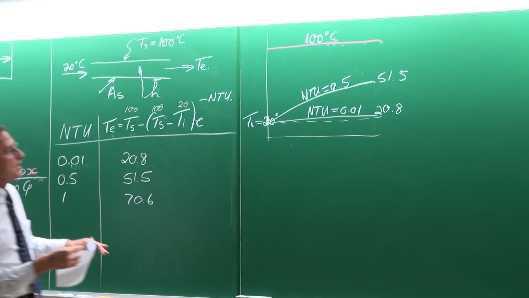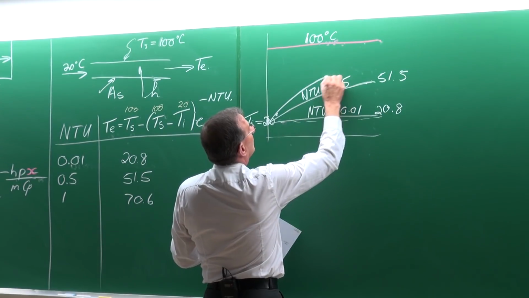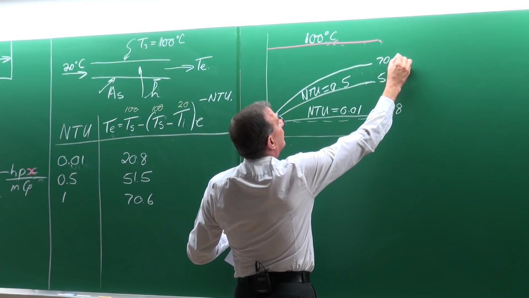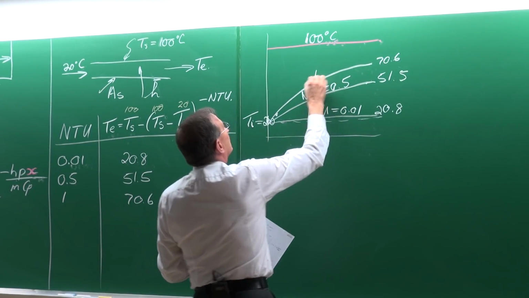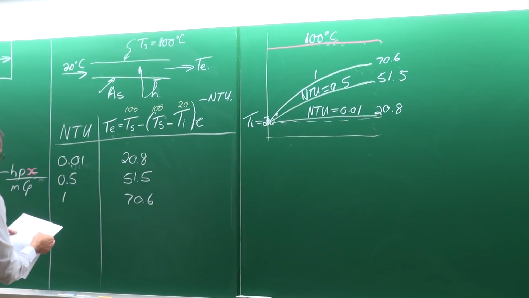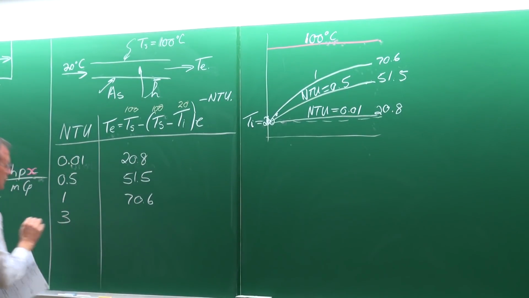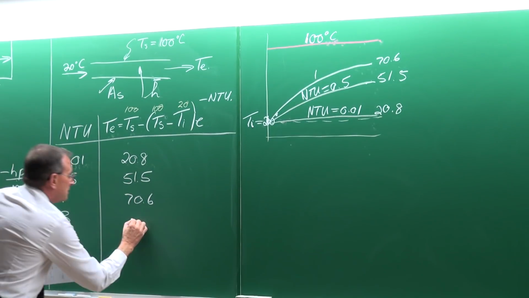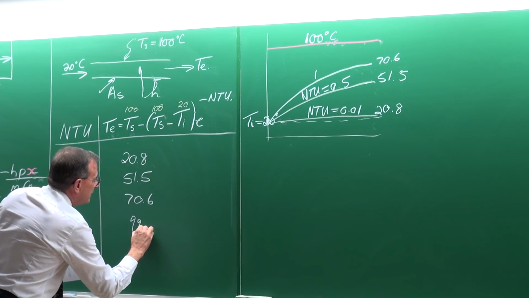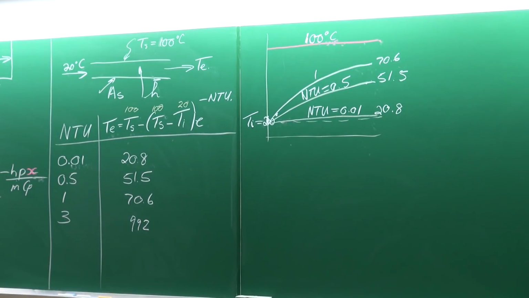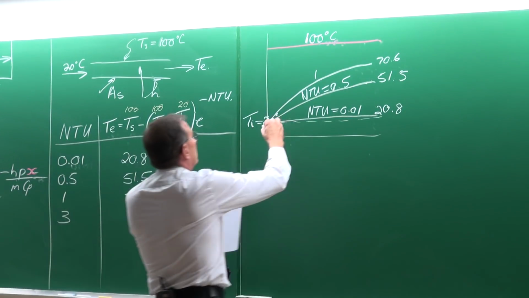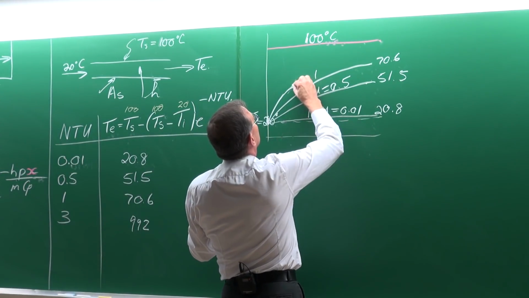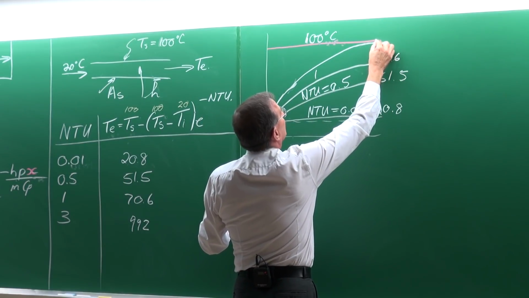So that looks much better. Now, if you increase it to 3, take note, the outlet temperature will be 99.2. 99.2 is almost going to be there.